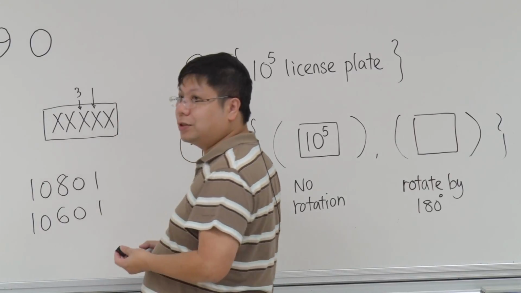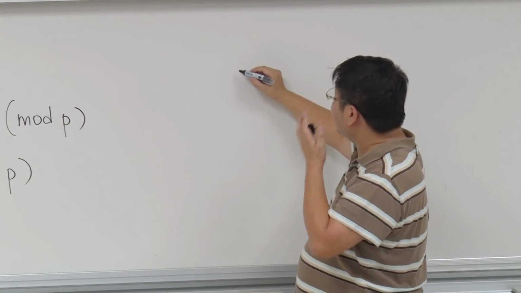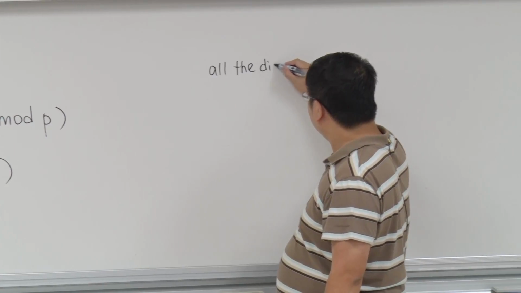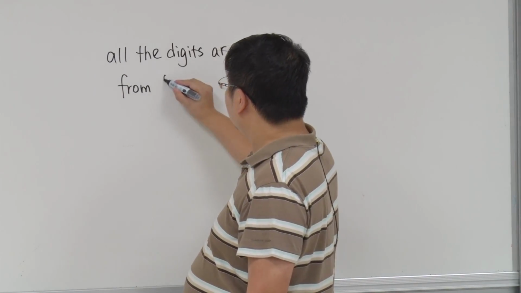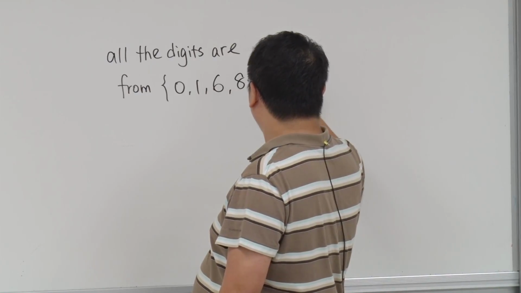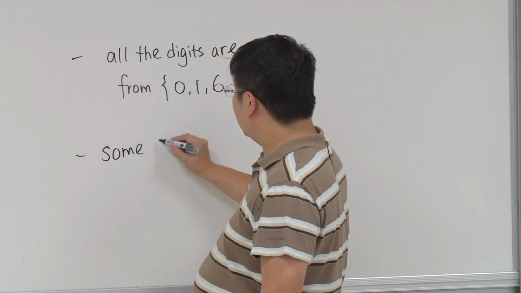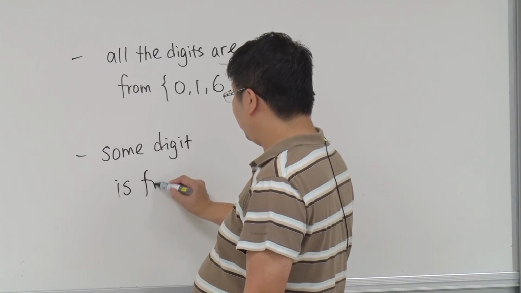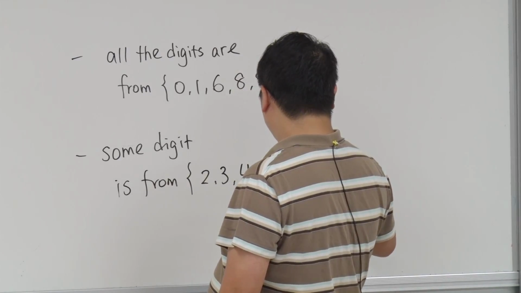So we need to consider 2 cases. One case is all the digits are from this set 0, 1, 5, 6, 8, 9, and the other case is some digit is from the remaining set 2, 3, 4, 5, 7.